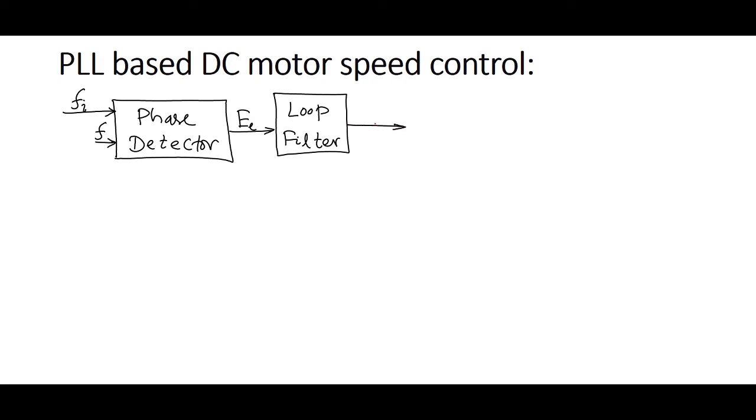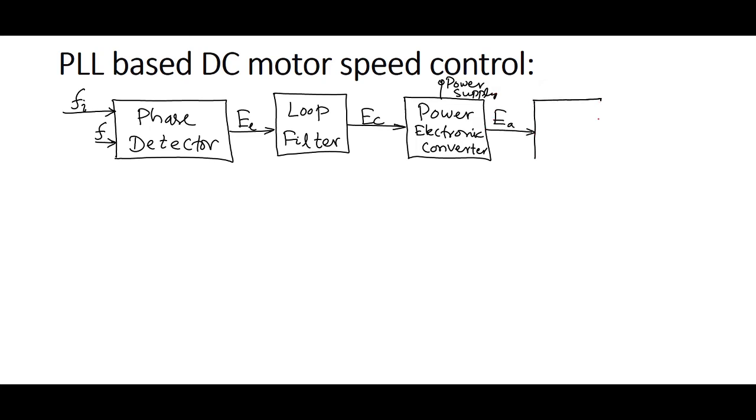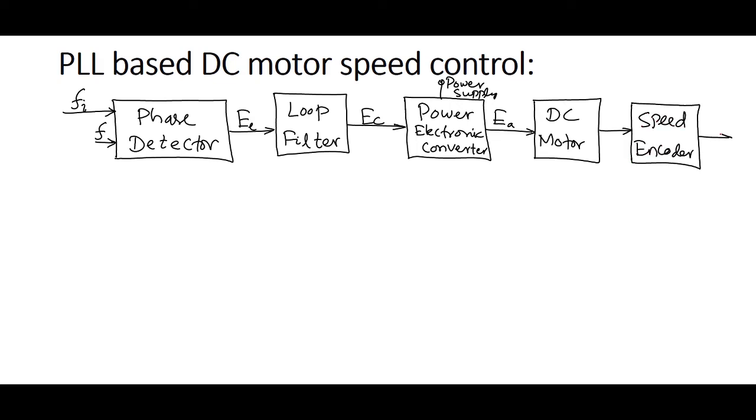Loop filter output is the control voltage EC, and in a basic PLL it goes to a VCO, voltage controlled oscillator, but here it goes to a power converter, which takes the power supply and gives the output voltage EA to the DC motor, and DC motor speed is controlled in response to EA, in other words in terms of EC, and DC motor output speed is converted to an output pulse train by the speed encoder. Speed encoder output is F.